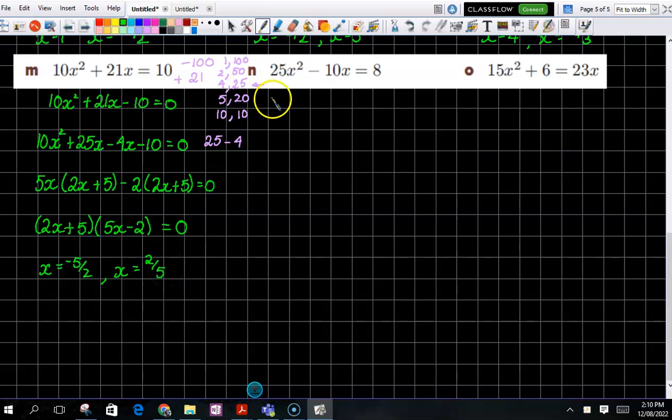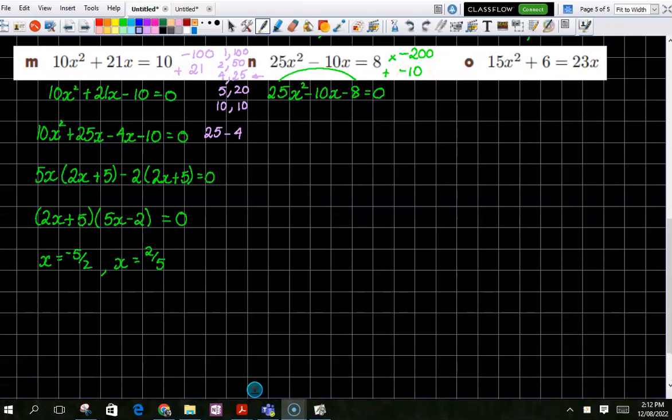Okay, so keep on going, 25x squared, take 10x, take 8. Okay, what is 25 times 8, minus thereof? So we're looking at two numbers times together. It gives you minus 200, but we want to add them together to get minus 10. So this is a big one.